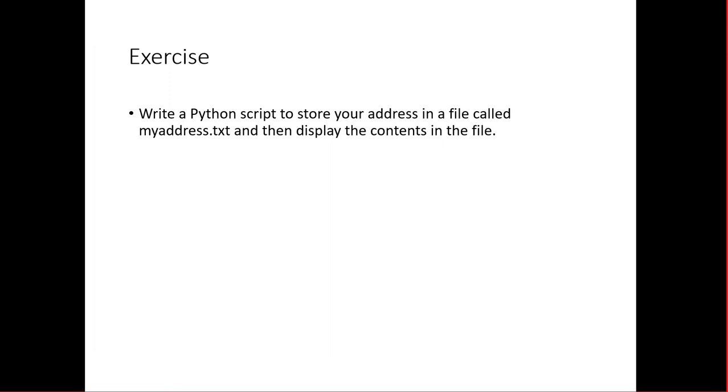Let's start. You can lower the hands. I want you to write a Python script to have your address in a file called myaddress.txt. If you have finished, please post your code in the chat and then raise your hands.